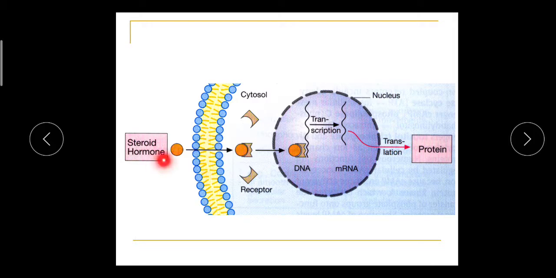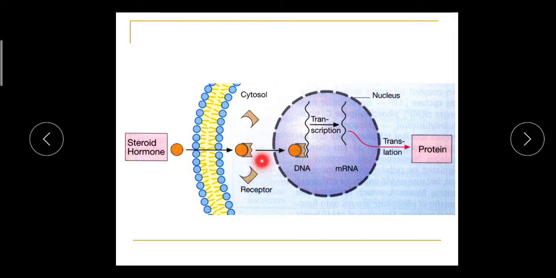In the blood stream, they bind with a carrier protein, and then diffuse through the plasma membrane and enter into the cell, and inside the cell, in the cytosol, these steroid hormones combine with the steroid receptor.